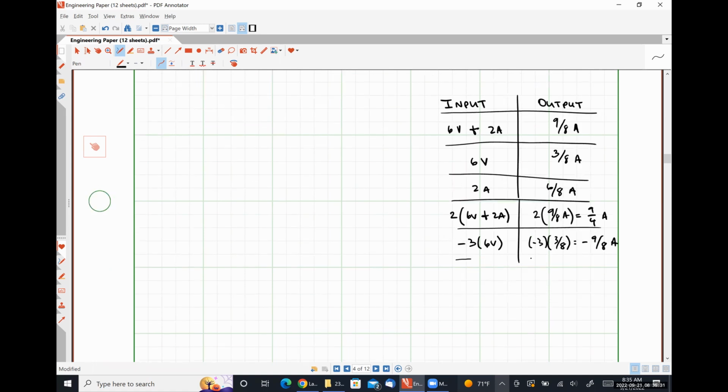What if I scaled my current source by a factor of 5? Then I would have 5 times 6/8, which is just 30/8. Right?